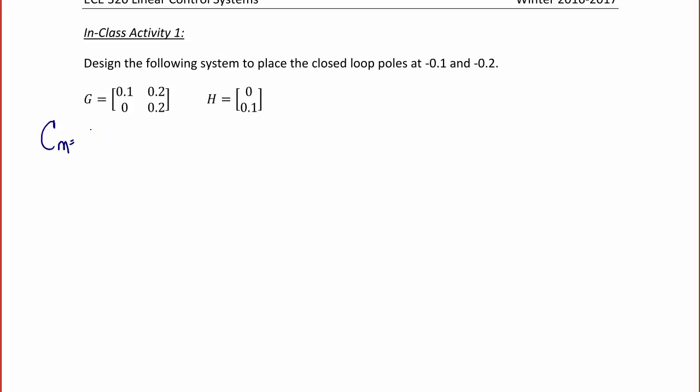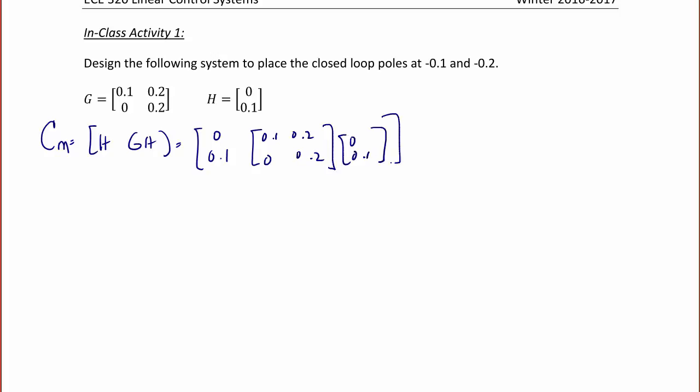C_m is equal to [H, GH], which equals [0, 0.1; 0.1, 0.2; 0, 0.2] times [0; 0.1], which equals [0, 0.02; 0.1, 0.02]. Remember, if we have a full rank matrix, then we have a controllable system.